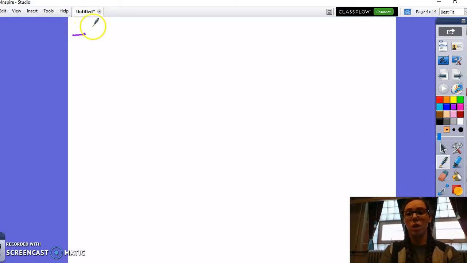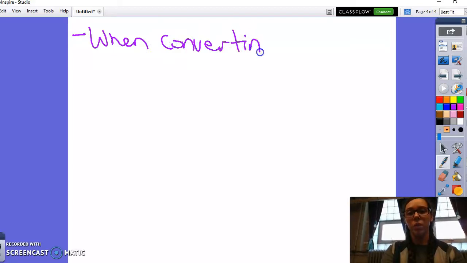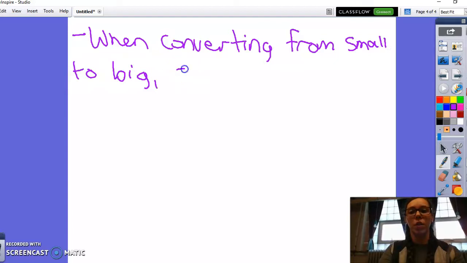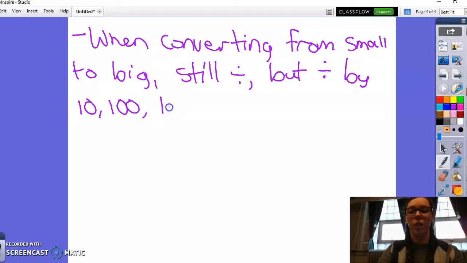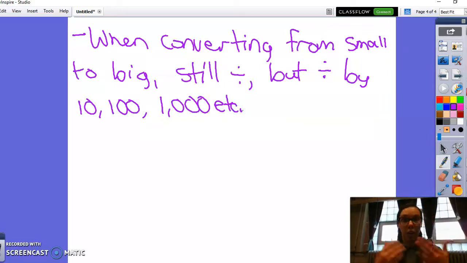So, when converting from small to big, still divide, but divide by 10, 100, 1,000, or more, depending on how many boxes you're moving.